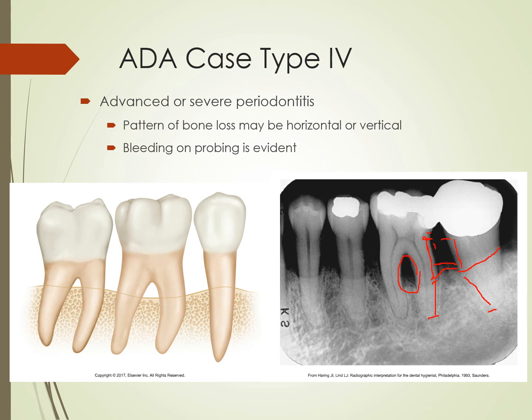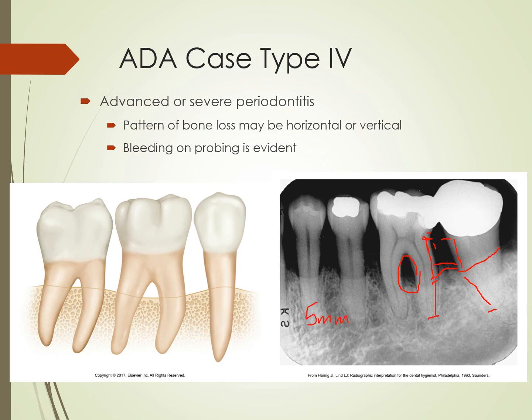This is very severe. Staying on this pattern, this patient will definitely lose their teeth in the next few years. And furcation areas are almost always involved when we see ADA case type 4 periodontal disease. Here we're seeing anything that has 5 millimeters or more.